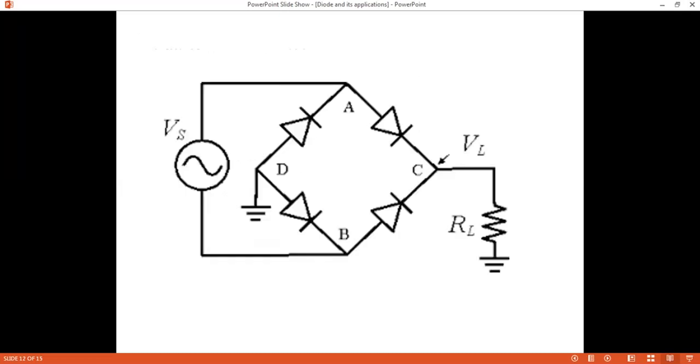So, this is the full-wave bridge rectifier. In this diagram, four diodes are there: A, B, C, D. VL is the load voltage, RL means load resistor, VS is the source voltage. Okay, this is the bridge rectifier, a full-wave rectifier.